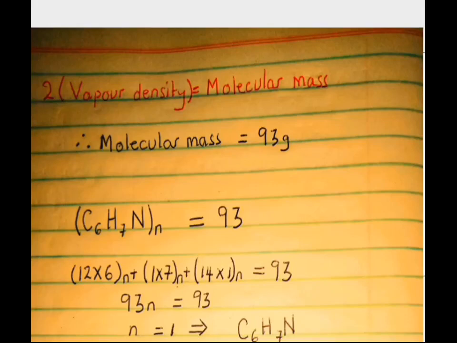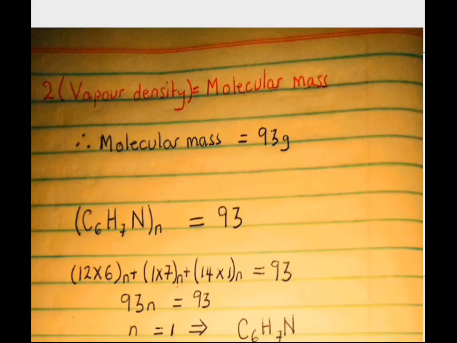Therefore, the molecular mass we get here after multiplying the vapor density by 2 is 93 grams. So we equate the 93 grams to the empirical formula which we have gotten, but after computing and getting the values here, we don't see any change. The molecular formula and the empirical formula are the same.